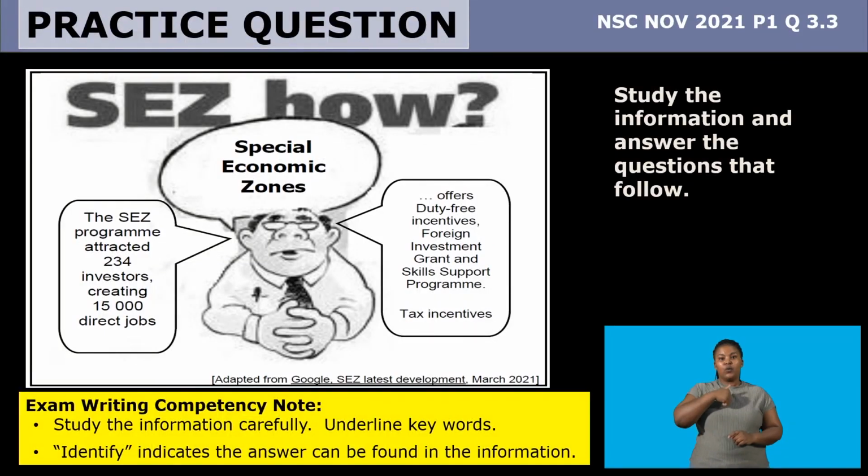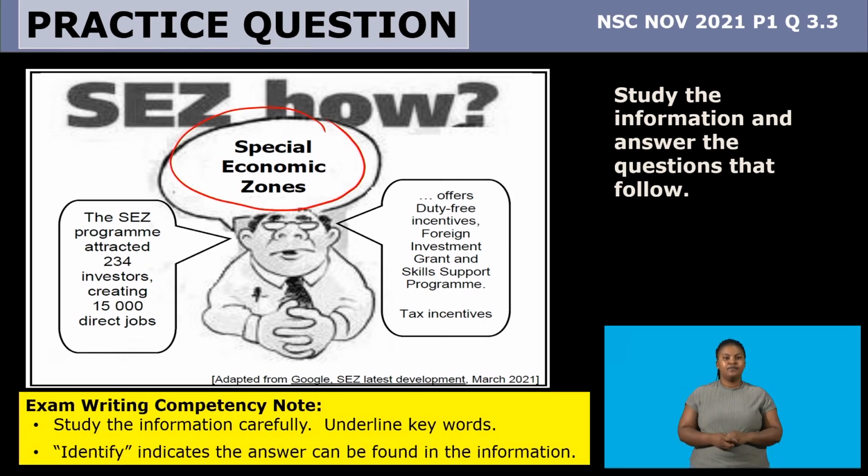We are still proceeding with our practice of exam questions on the topic regional development. The question that we have here says, study the information and answer the questions that follow. So this is what we're given. It's about special economic zones.